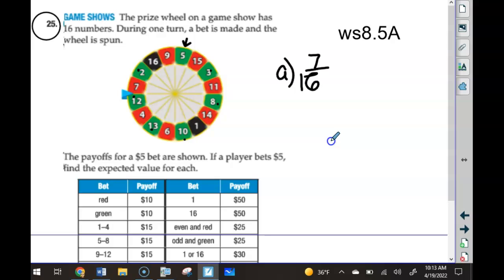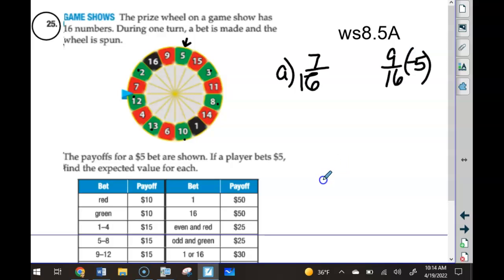Okay. So the chance you lose would be 9 out of 16. If you lose, how much do you lose, guys? What does it say we're betting? $5. So you lose $5.